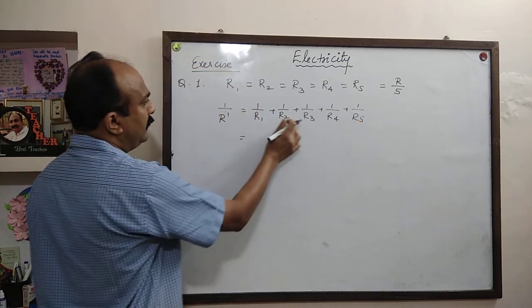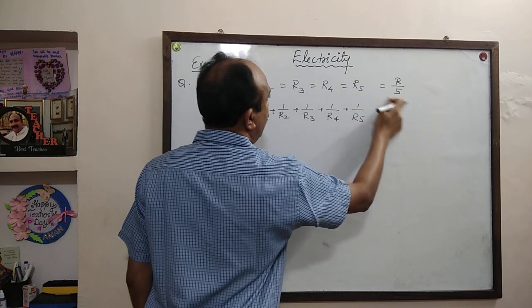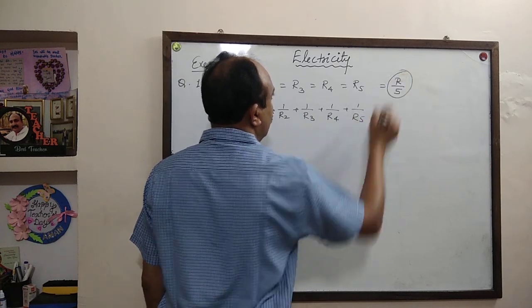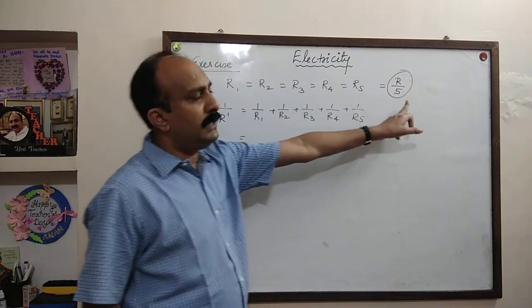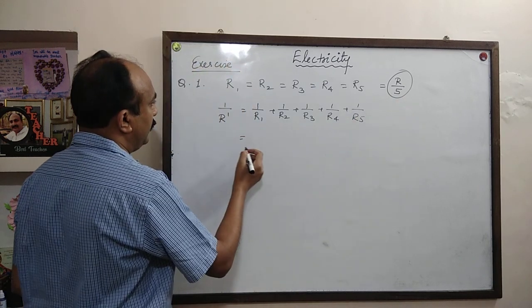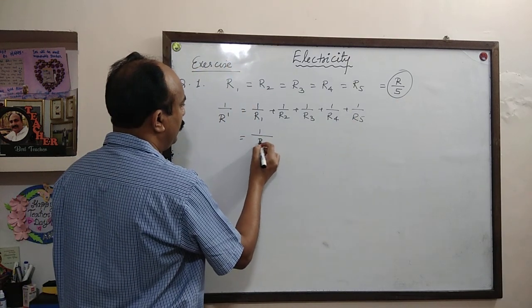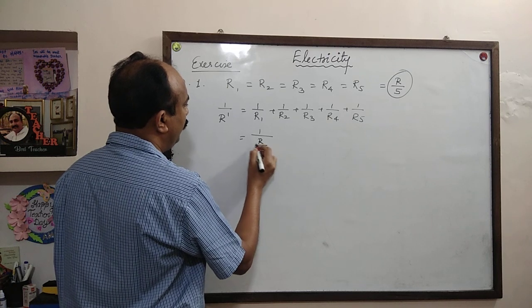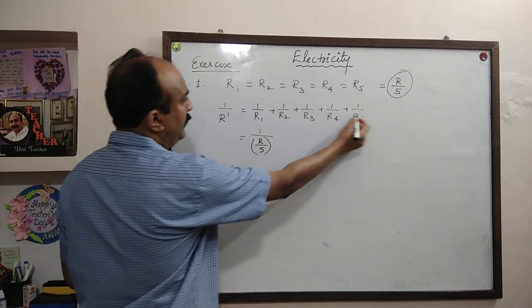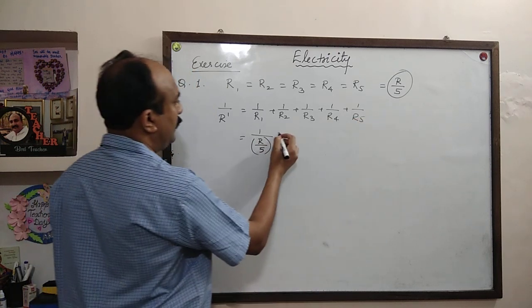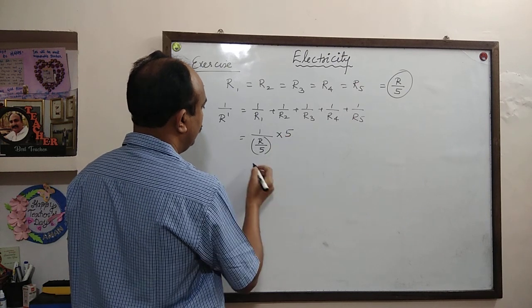What is the value of R1, R2, R3, R4, R5? The resistance of each is R upon 5. So it becomes 1 upon R upon 5, five times, so I am writing it into 5.